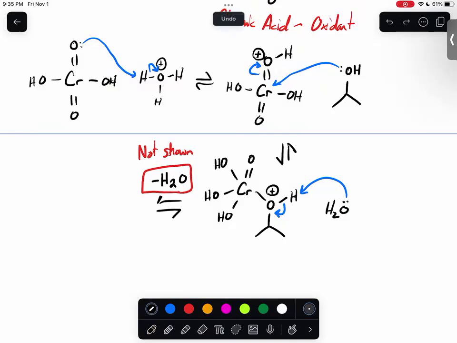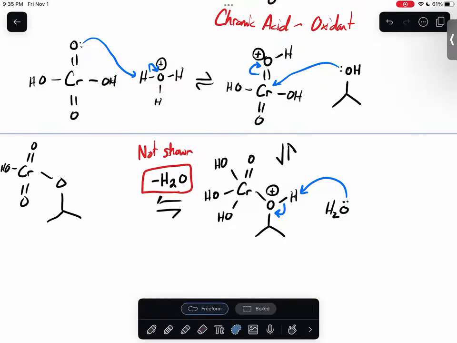That way it's not too confusing. So from here, we have now generated a structure that ends up looking like this. Right, so keep in mind this is after the deprotonation and after the loss of water. I should actually make this a little nicer.